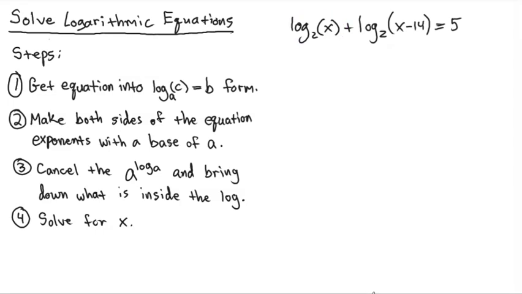So we have log base 2 of x plus log base 2 of (x minus 14) equals 5. It is definitely not in this form, but we can make it in this form because we have a common base on the two logarithms and we have addition. So we can use one of the properties of logarithms to combine these into a single logarithm.